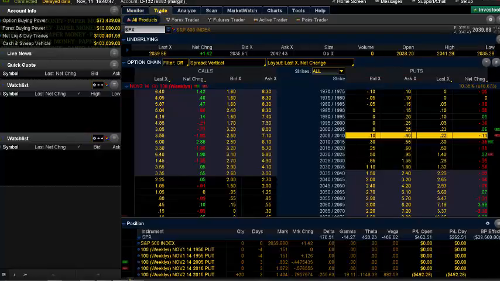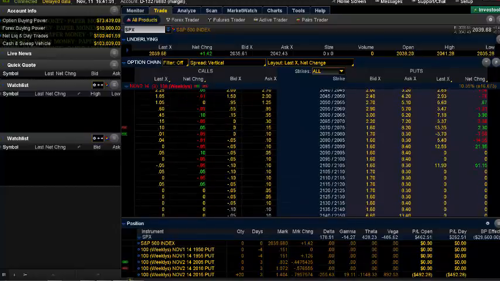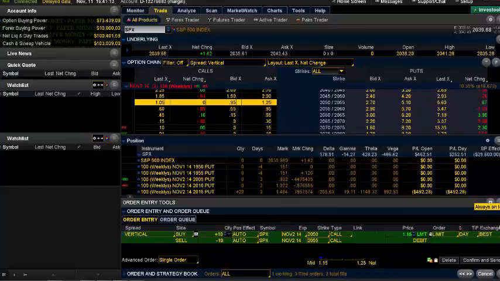So going back again to the trade, we'll now do a call, which is exactly the same setup. Only on the other side of the market, we're going to be way above the current price. So let's do a call here around 2050, 2055. Now when I hit the call side, notice that it came up as a debit.